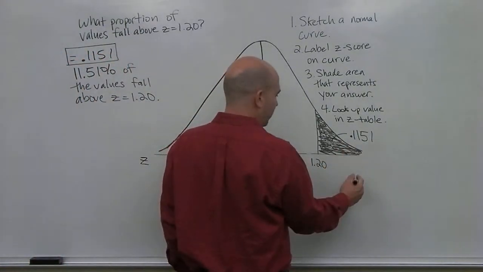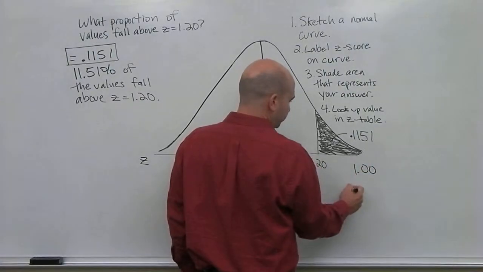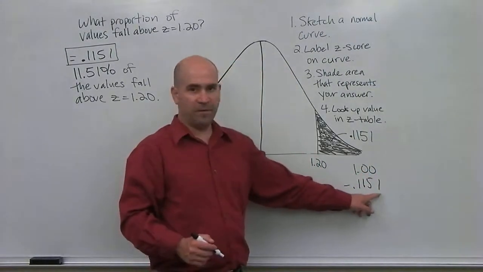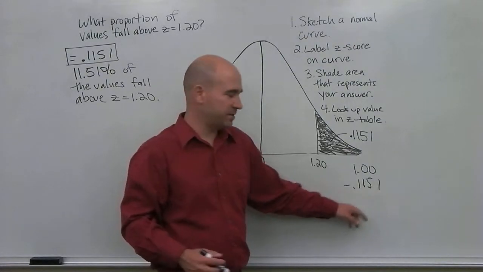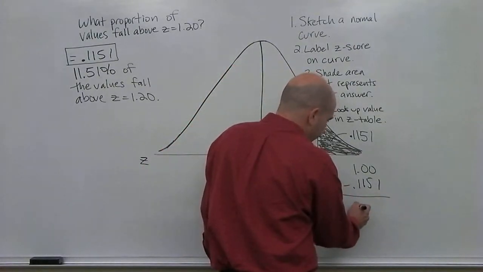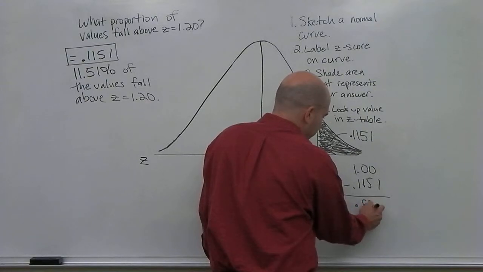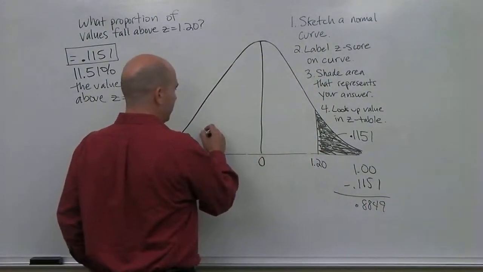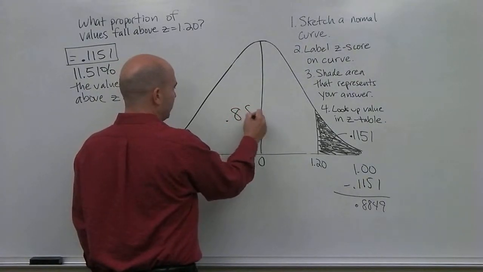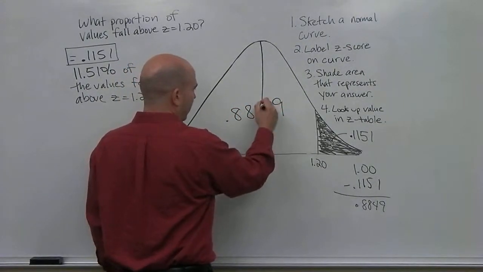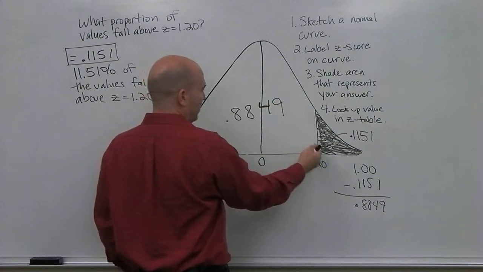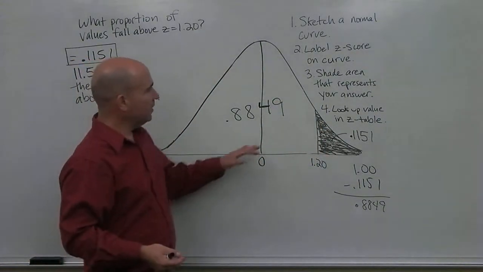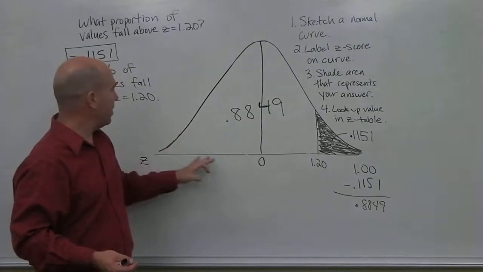So I could subtract 0.1151 from 1.0, and that would give me 0.8849. So this area here is 0.8849, this entire area from 1.2 downward, or this is the proportion in the body.